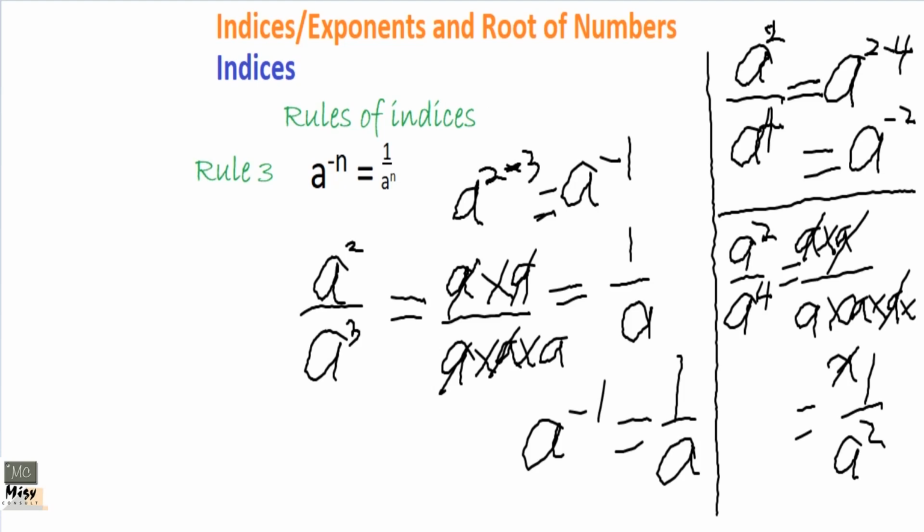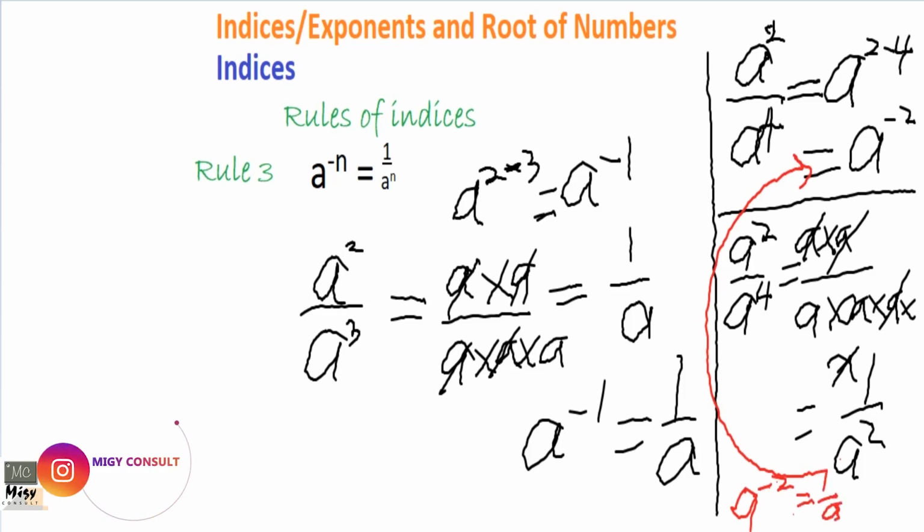So these two answers are the same. A raised to the power negative 2 is the same as 1 over A raised to the power 2. You get that? The working is rough, but the understanding must be there.